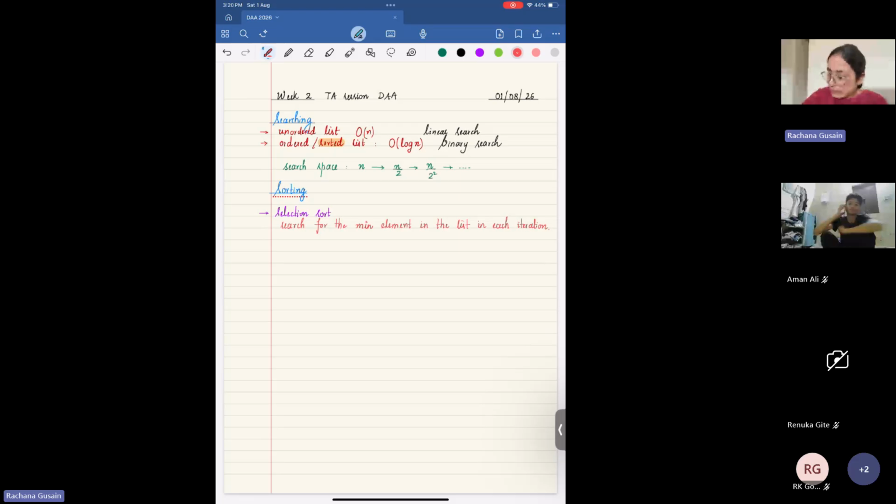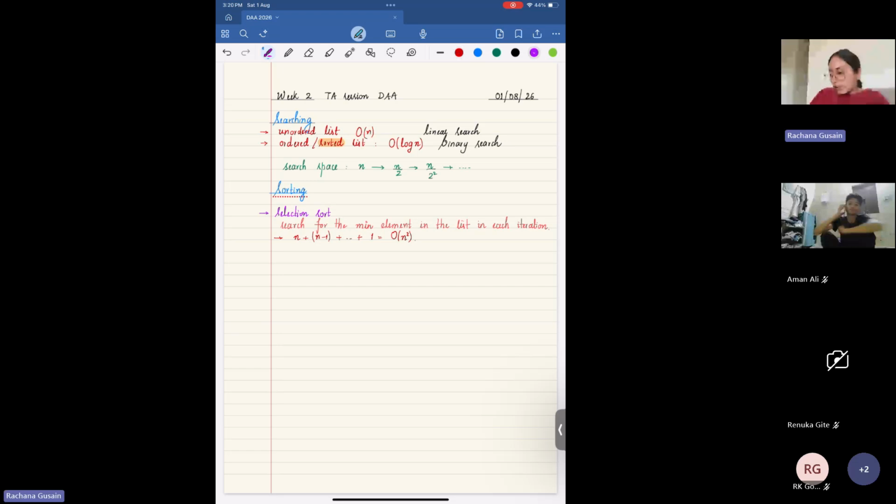And therefore the running time is order n squared: n plus n minus 1, and so on up to 1, which is big O of n squared.